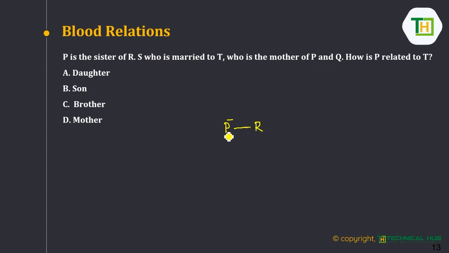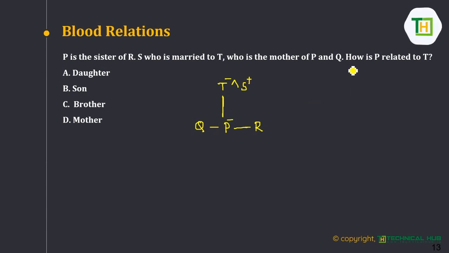They are siblings and P is a female, but I don't know about R. S is married to T, who is the mother of P and Q. That means T is the mother of P and Q, and married to S. So Q is also their child.